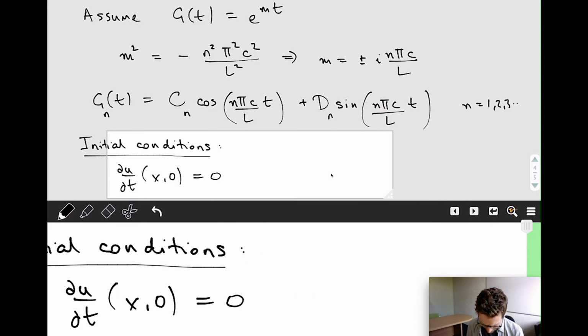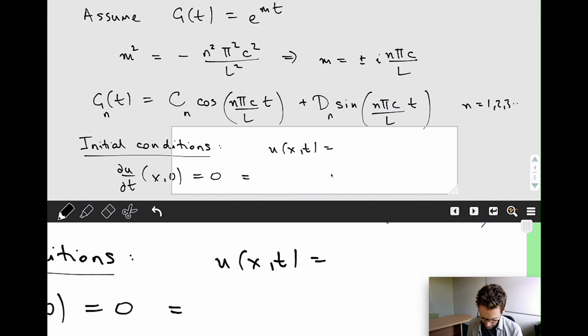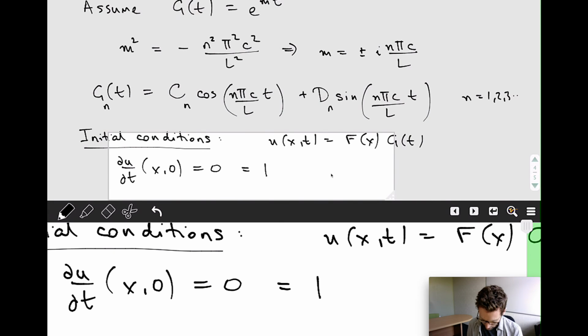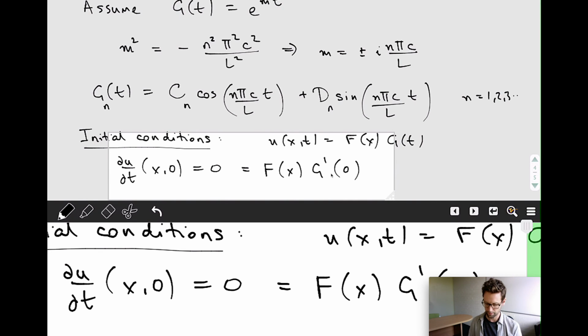Now, what does that mean in terms of f and g? Well, remember that u was equal to f of x times g of t. A derivative with respect to t is only going to affect g, and we're evaluating at time t is equal to 0.